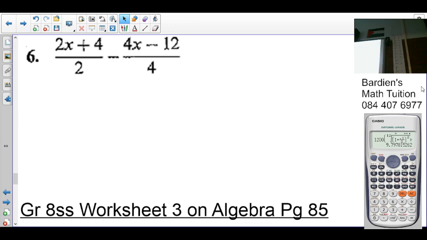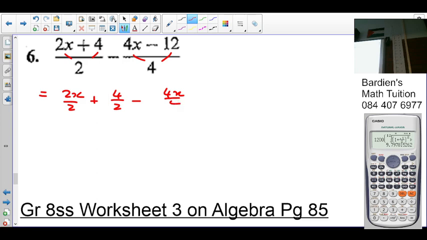So what do I do? I put each one over its own. So you're going to say 2x over 2 plus 4 over 2 minus 4x over 4 minus 12 over 4. You all agree with that? I told you yesterday about this. It's not like that. It must be a bracket. Why must there be a bracket? More than one term following a negative sign.